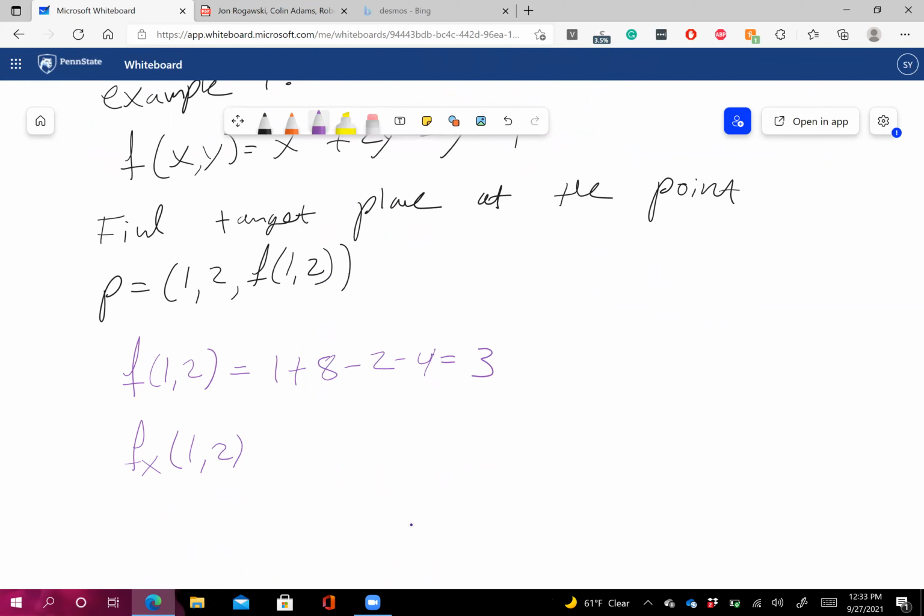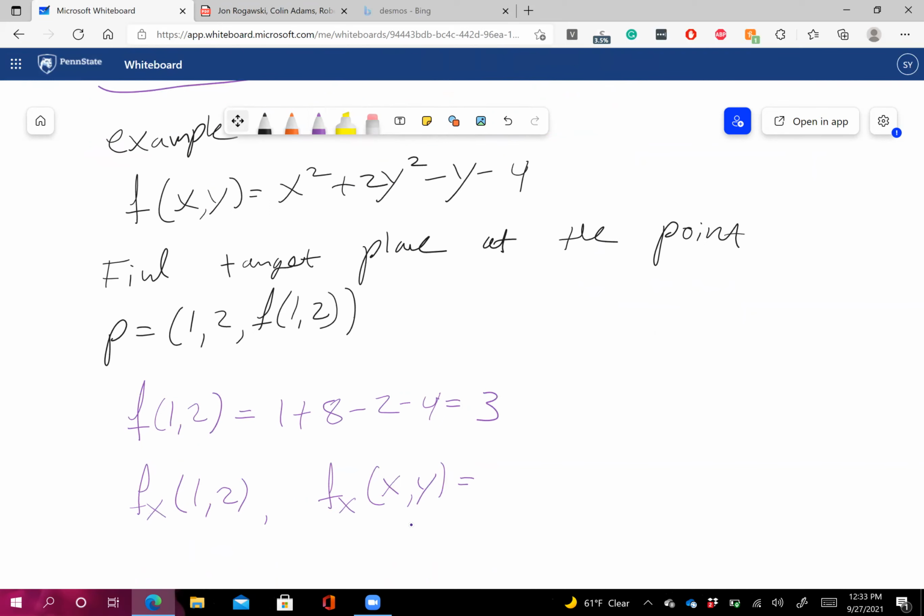So first, let's figure out the partial of f with respect to x at (x, y). And that's going to be 2x. And so then the partial of f with respect to x at the point (1, 2) is just going to be 2.